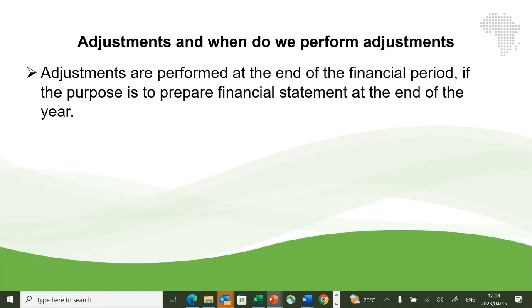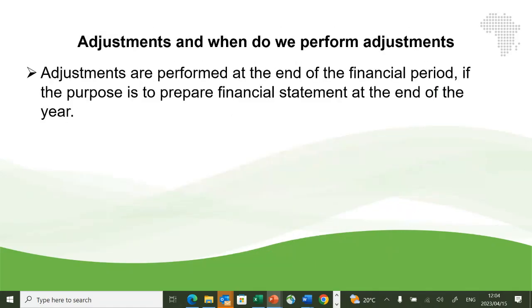Let's assume that in a particular entity or business, they wanted to prepare interim financial statements. They would also have to perform adjustments. But for the purpose of this module, our key focus is that we're going to do the adjustments at the end of the year for the purpose of preparing financial statements at the end of the year.